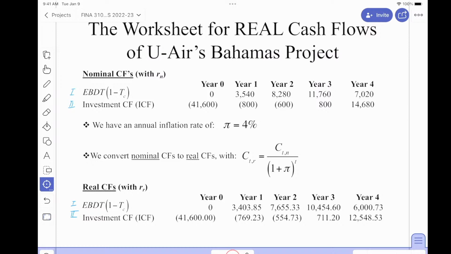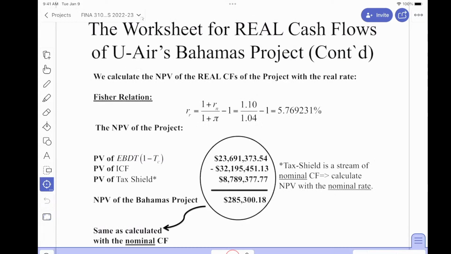We don't do the same with the tax shields, however. We leave the tax shields as nominal. Tax shields are a stream of nominal cash flows. We don't think of them as real. They must be computed with the nominal rate.